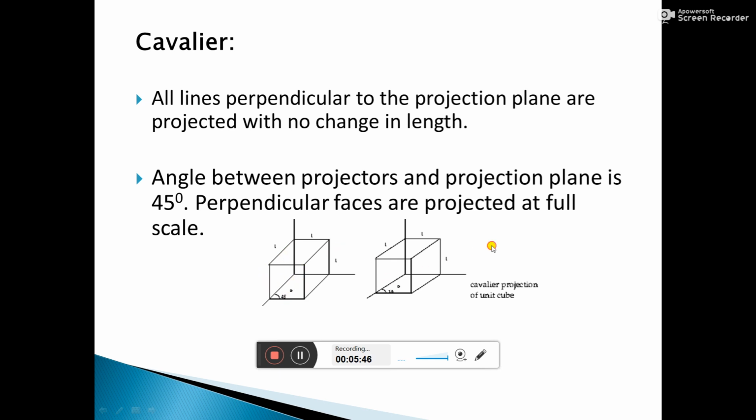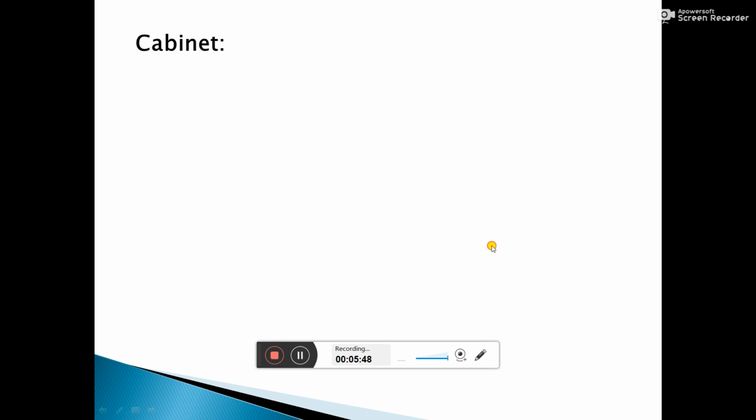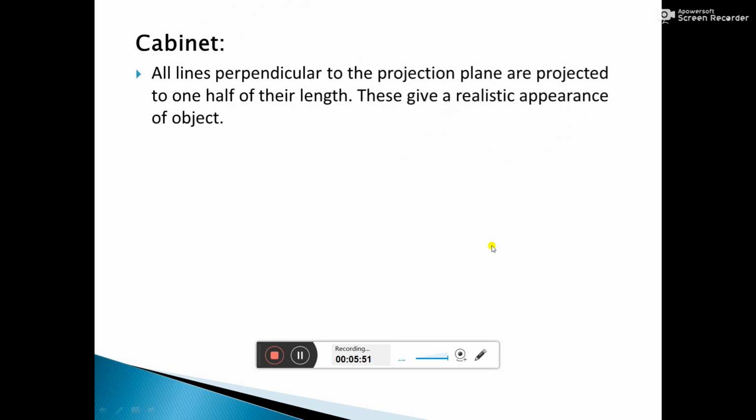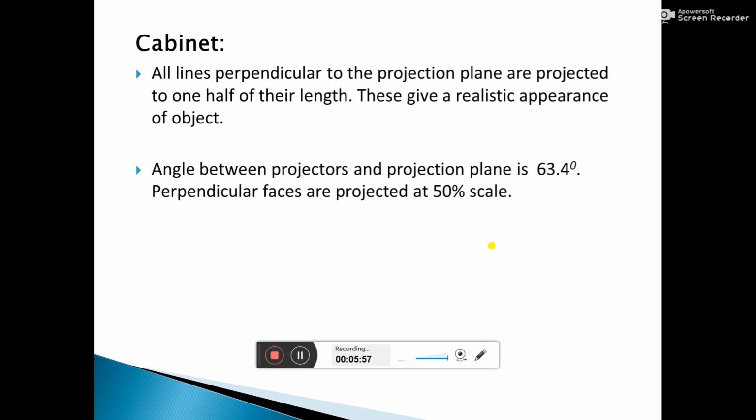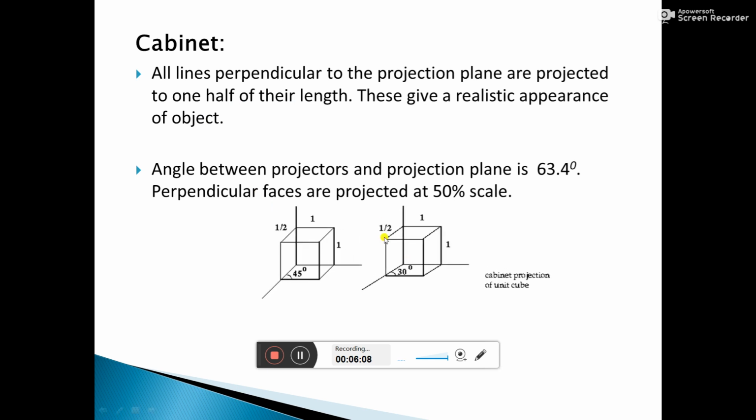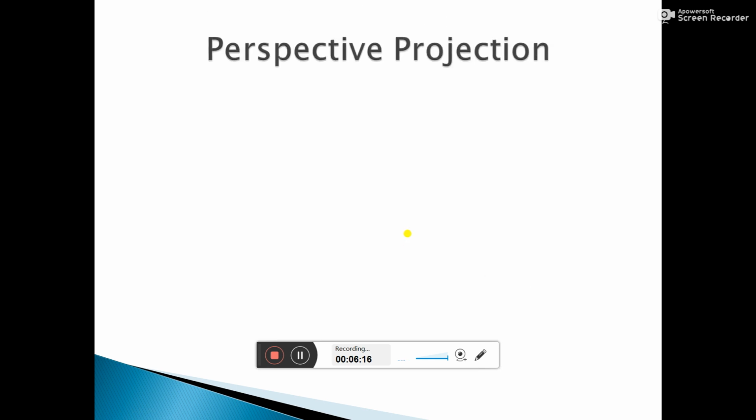But in cabinet projections, the angles are not 45 degrees. This is projected to one half of their length. The perpendicular faces are projected at 50% scale. This type of projection gives a realistic appearance of an object.